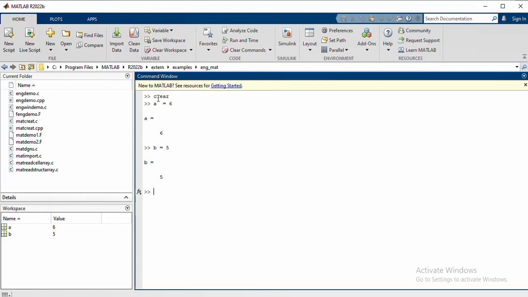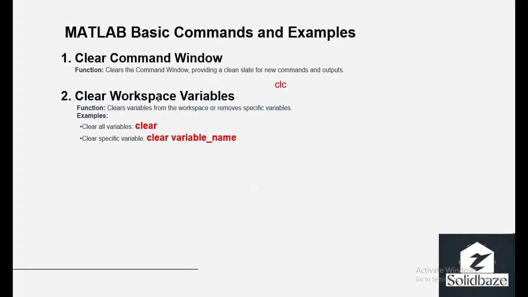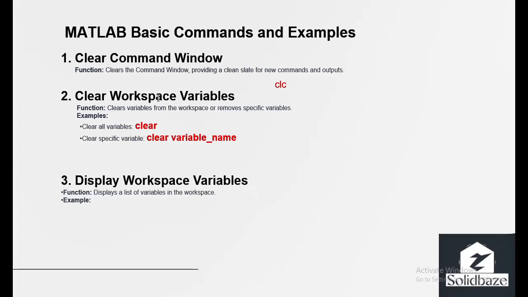We simply type clear and the variable name b, hit enter. So the variable b is gone. So this is how we can clear the workspace window and get rid of the variable we don't need at the time.